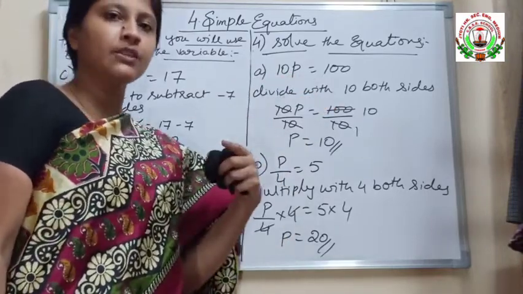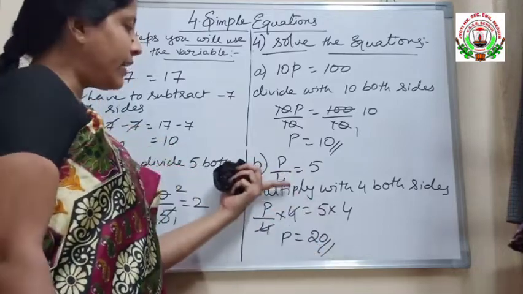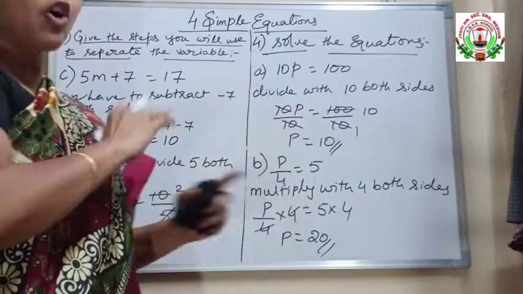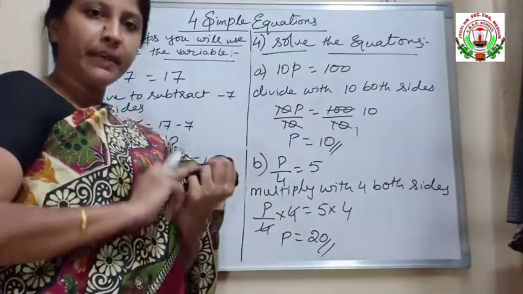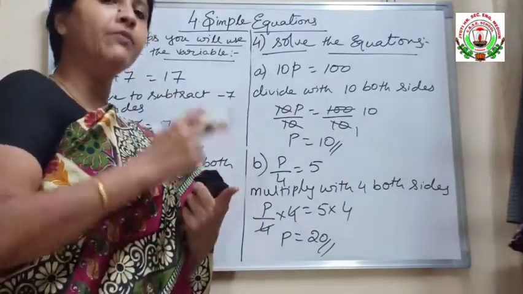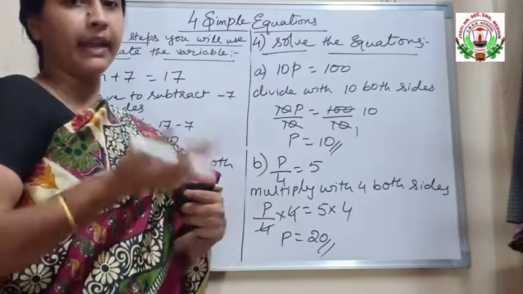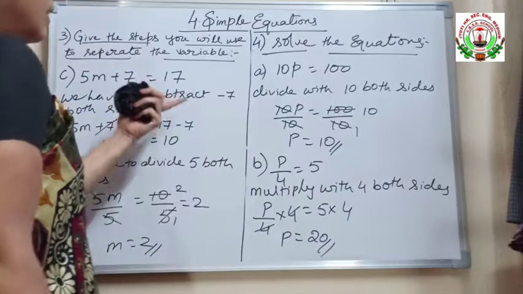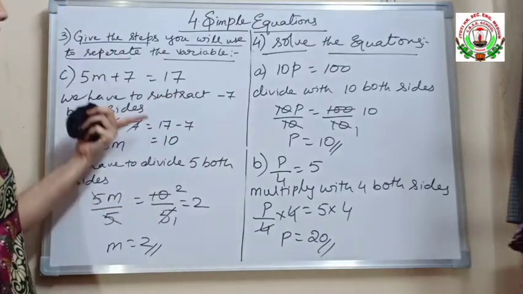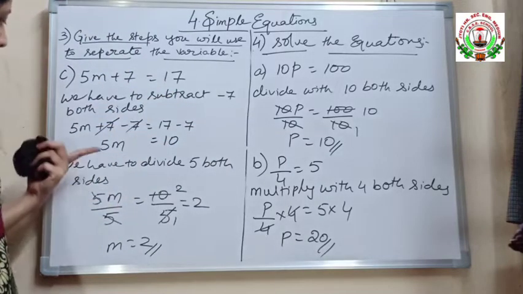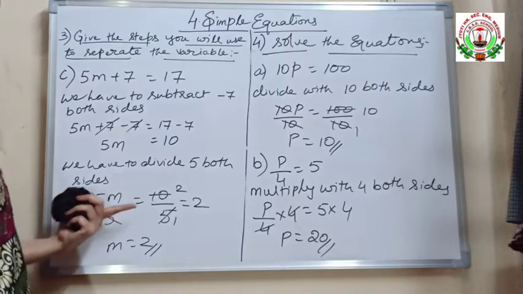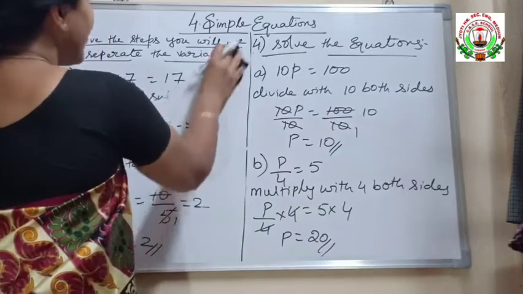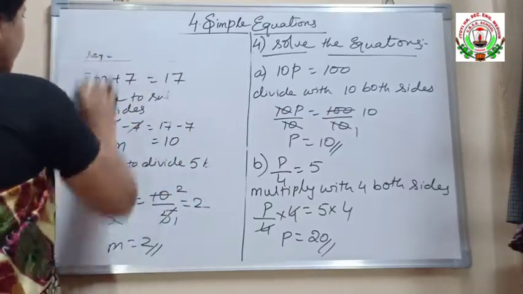When division is given, you have to multiply, and when subtraction is given, you have to add. Opposite you have to do. See, here addition is given, we are subtracting. Here multiplication is given, so we are dividing it. The opposite things you have to do here to find the value of the variable.